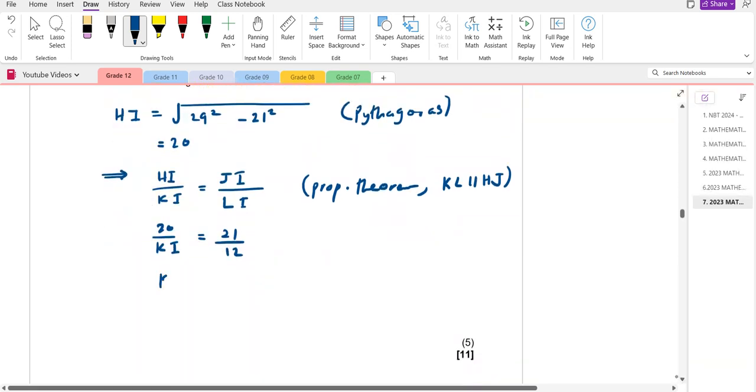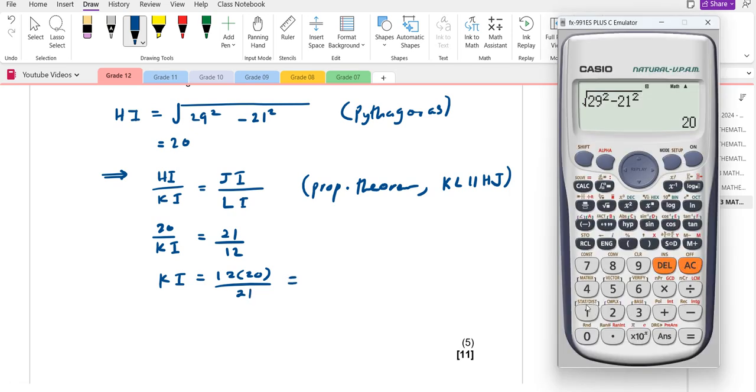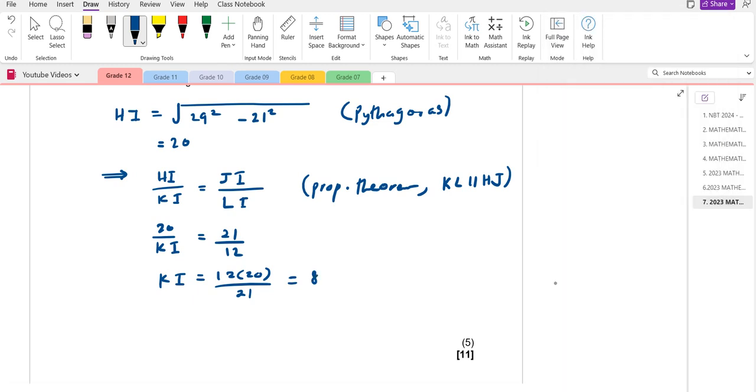Alright, so KI is equal to 12 times 20 divided by 21, and we can get the answer. See, 20 times 12, divided by 21, so we got 80 over 7.